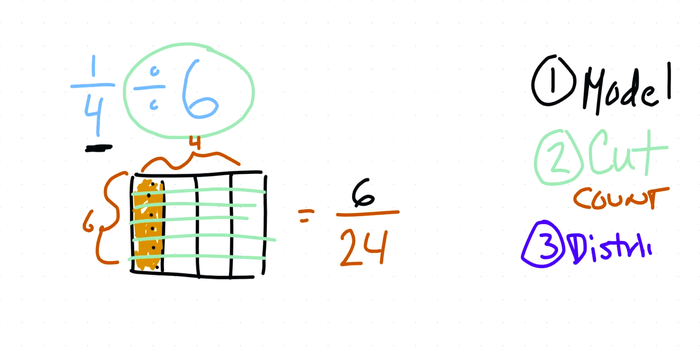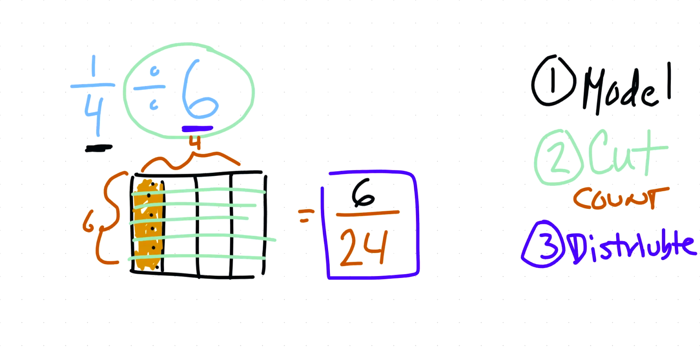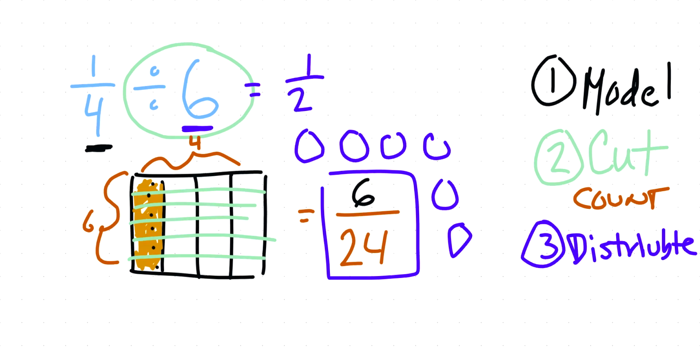Because the problem itself is saying that I'm going to take these 6 24ths that I have, and I'm going to share them equally with 6 groups. So 1, 2, 3, 4, 5, 6. And in order to do that, that would mean I would have to put in 1/24 in each group. And really, that's what it is. We're really just focusing on this one piece, 1/24, and that's our answer.